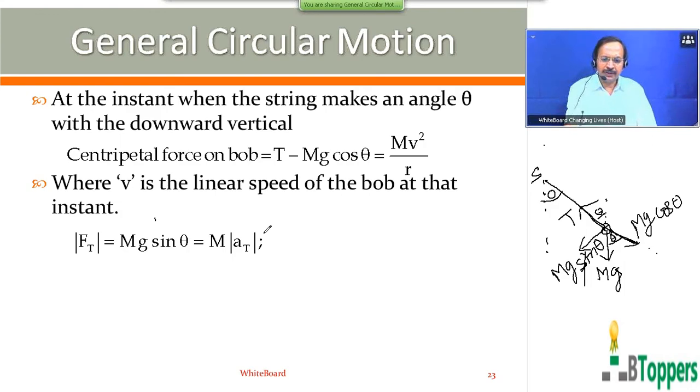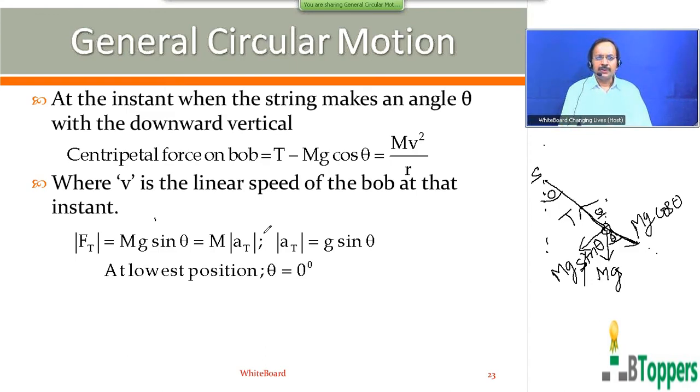That you can write as mass into the magnitude of the tangential acceleration. So the magnitude of the tangential acceleration you get is g sin theta. You can find the magnitude of centripetal force on the bob, or the magnitude of tension in the string, at any instant during the motion in the vertical circle by substituting the values of theta and v at that instant.